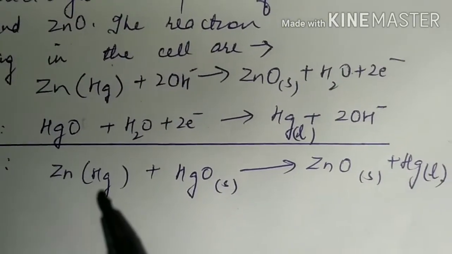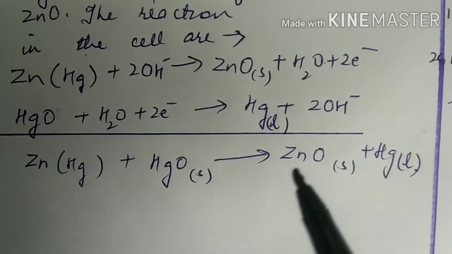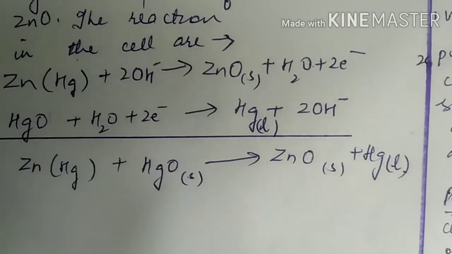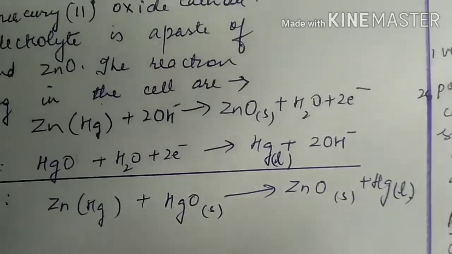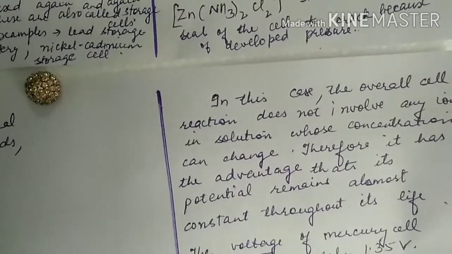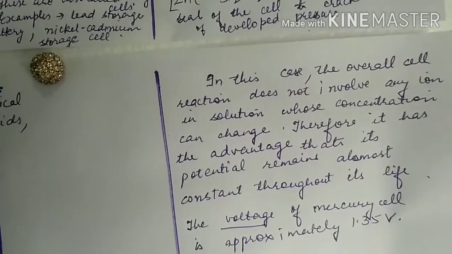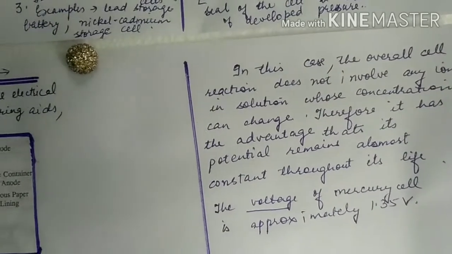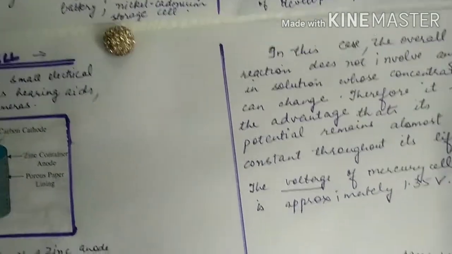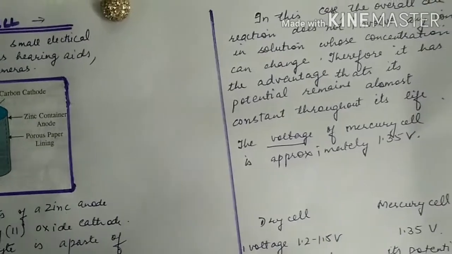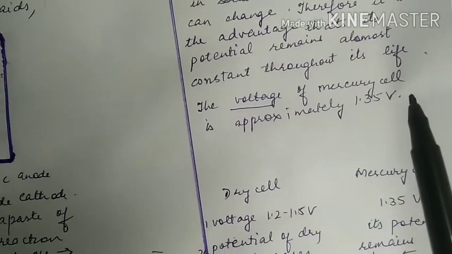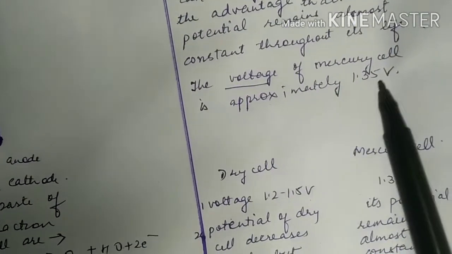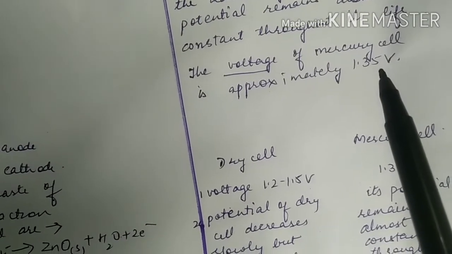So the overall reaction is zinc amalgam plus mercury oxide forms zinc oxide plus mercury. The overall cell reaction does not involve any ion in solution whose concentration can change. Therefore, its advantage is that its potential remains constant throughout the life, and this potential is 1.35 volts.